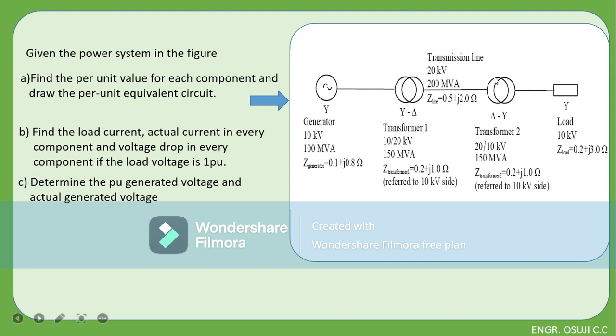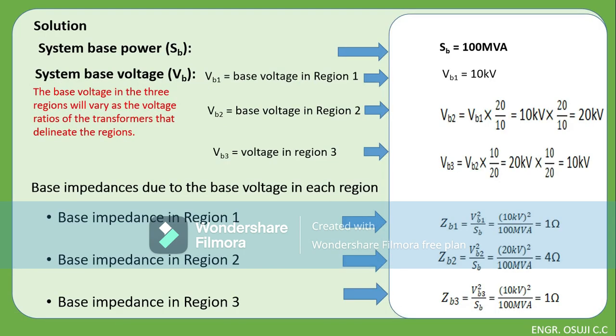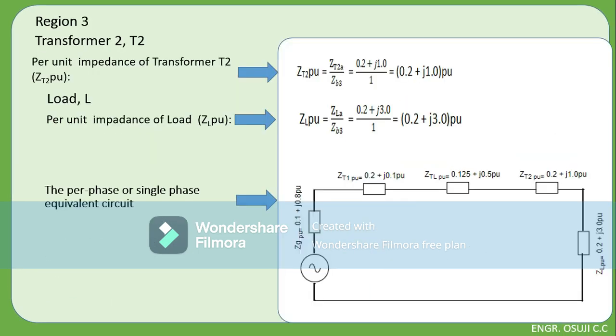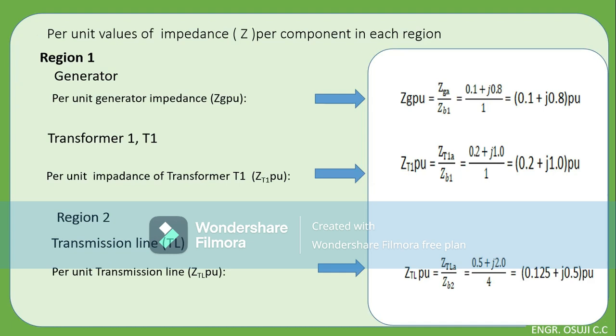So when we'll be looking for the per unit value of this transformer here, we'll be considering the base impedance in region 3, so that we can determine the per unit impedance of this transformer. So let's go back to where we were. Now you can see when we get back here, now we're dealing with T1.